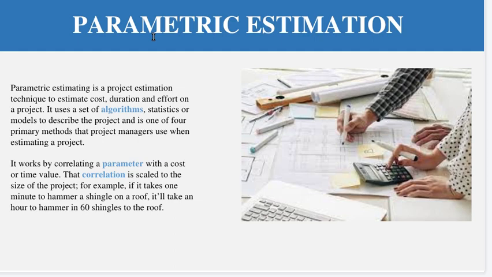So basically it's a formula. It's just a very simple example: if one shingle takes 1 minute, obviously 60 shingles will take 60 minutes or 1 hour. This type of formulation is used in parametric estimation.